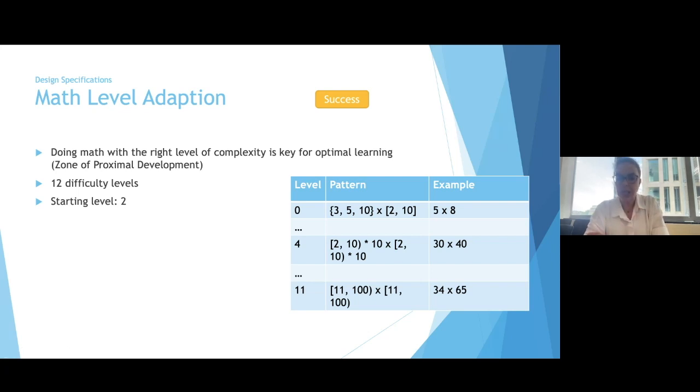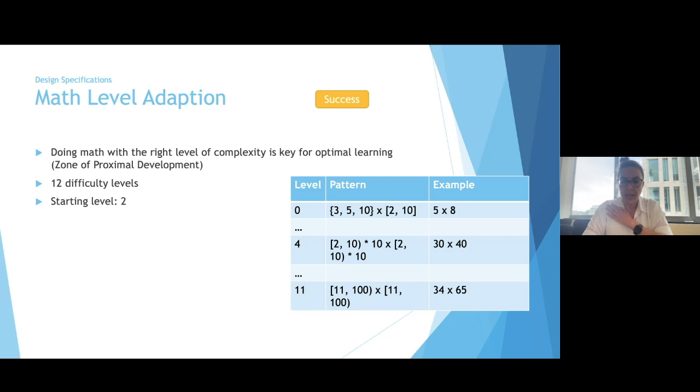So what you see is that we have used a different level of math adaptation to make sure that we had a baseline for all the children, which we got from the teachers, and there were 12 difficulty levels. That means that the children started at different levels based on how they performed during their school days.